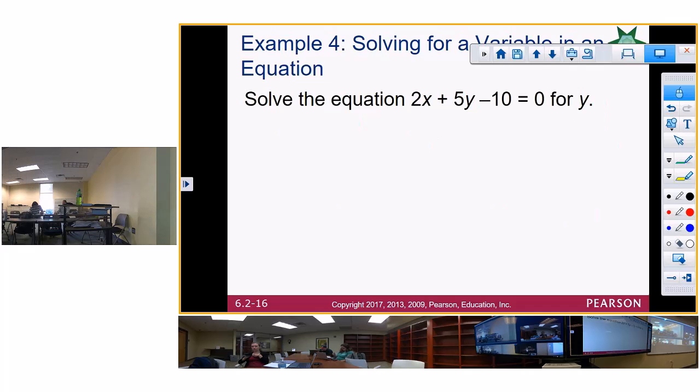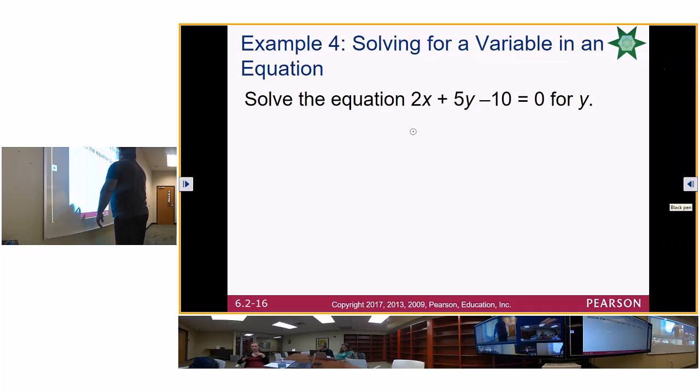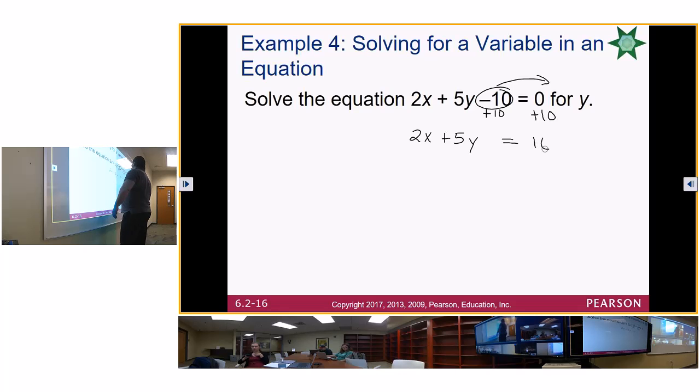So anybody going to tell me what they're going to do first? Plus 10. Exactly. Get rid of that negative 10. So 2x plus 5y, and what do I do to get rid of minus 10? Plus it. And if you do it on one side, you do it on the other, or you take it across the river, whichever one you like to say, and you get 10.